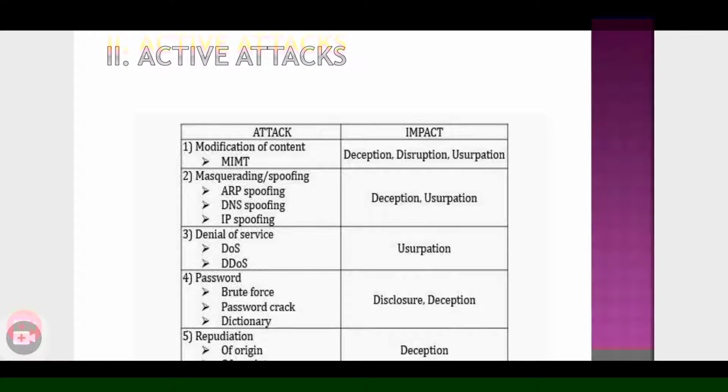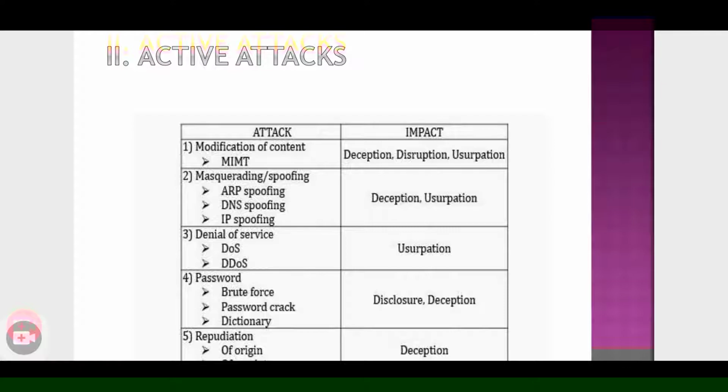Passive attack means they do not modify the content of information. The attacker is viewing or listening to the content, or monitors the network and understands the communication pattern. They do not alter or modify the content. That is passive attack.